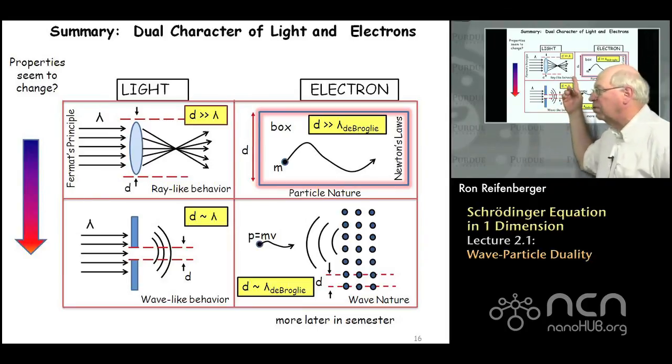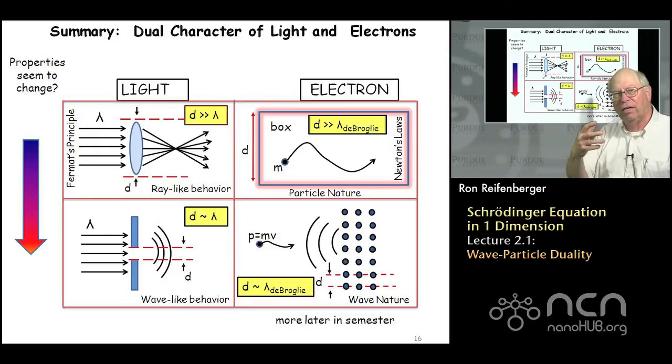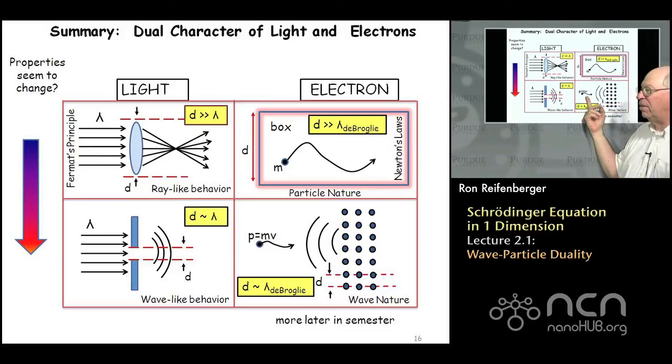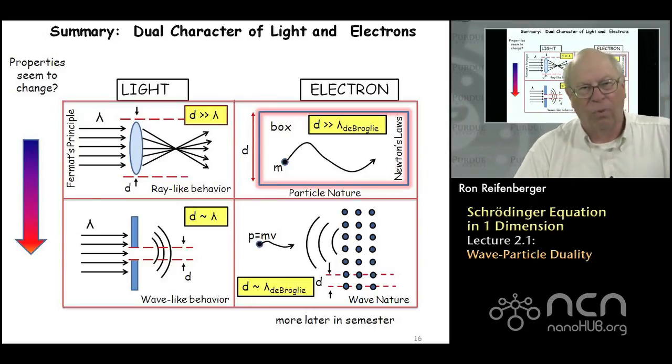The same thing happens for electrons. If you take an electron of mass m and put it in a box, if the dimensions of the box are large compared to the de Broglie wavelength, then that particle is probably going to behave as a classical particle with a mass. If, on the other hand, you let that same electron interact with objects where the separation between the objects d is comparable to the de Broglie wavelength of that electron, then you're going to have to treat that electron as a wave.